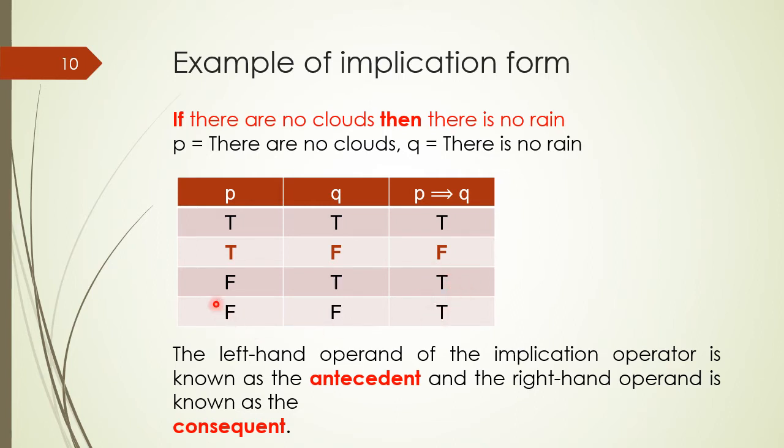You have observed that whenever there are clouds, anything can happen. There may be rain or there may not be rain, and the logical truth value for the whole conditional statement would be true.